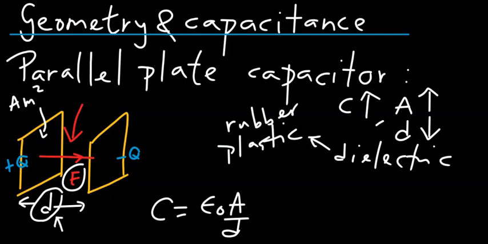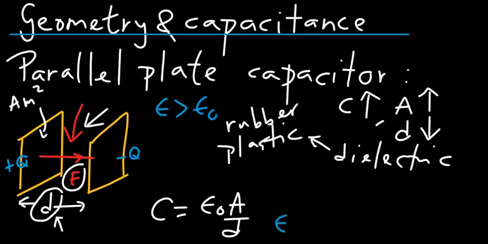When a dielectric is inserted between the plates of a capacitor, the capacitance increases. The reason is because its permittivity is higher than the permittivity of vacuum, namely that number.